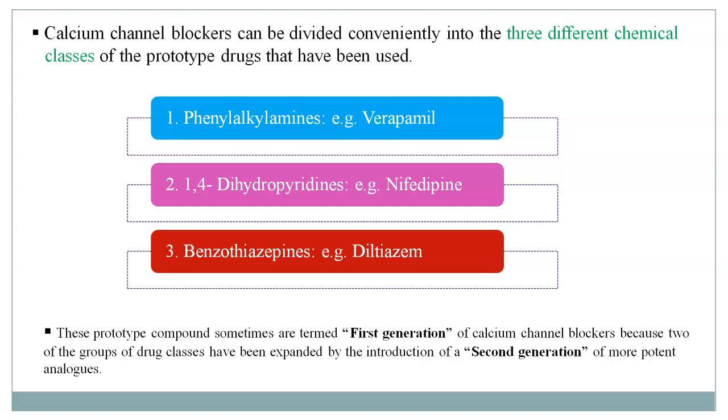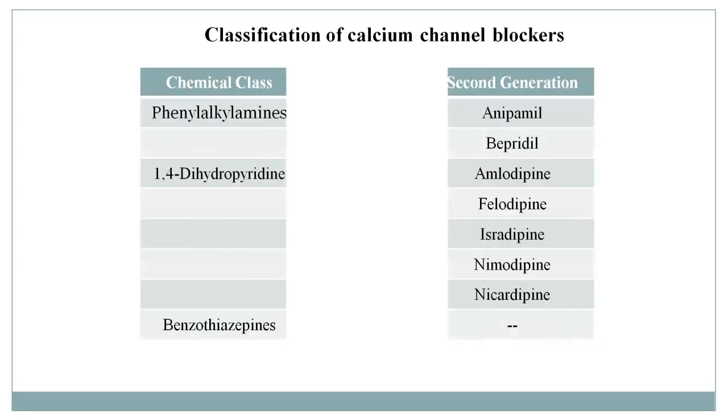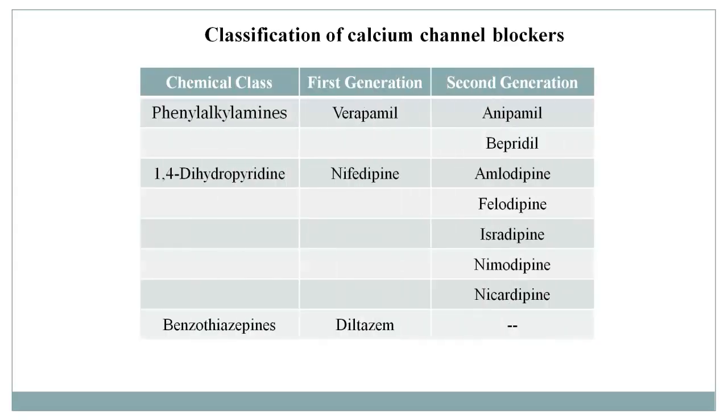Next we see examples of second generation calcium channel blockers. The first class is phenylalkylamines, where the first generation drug is verapamil and the second generation drugs are anipamil and bepridil. The next chemical class is 1,4-dihydropyridine.